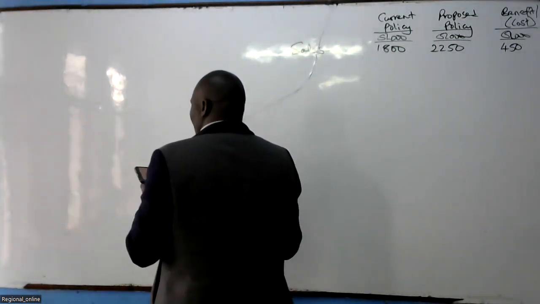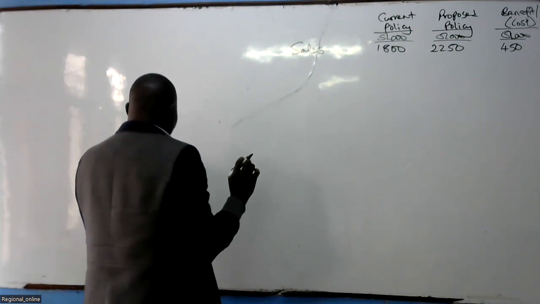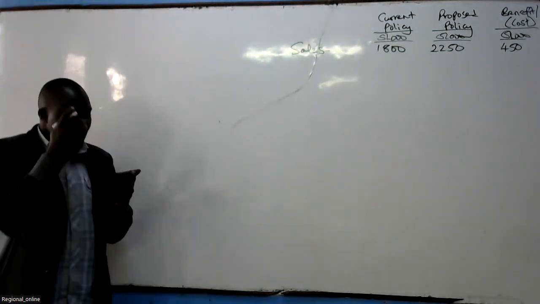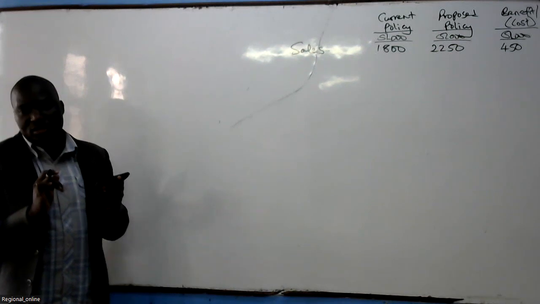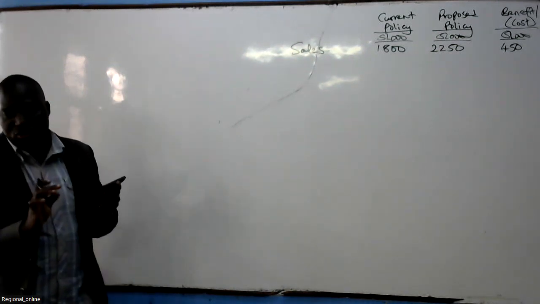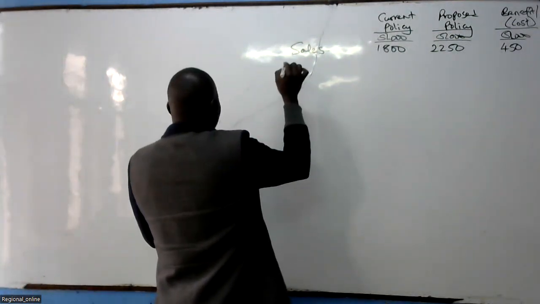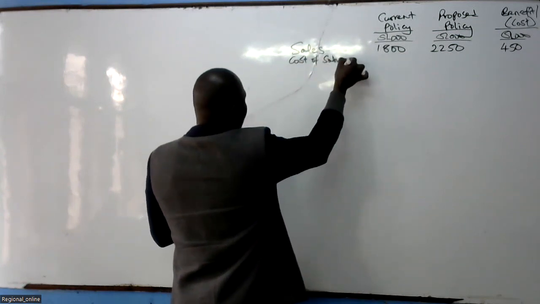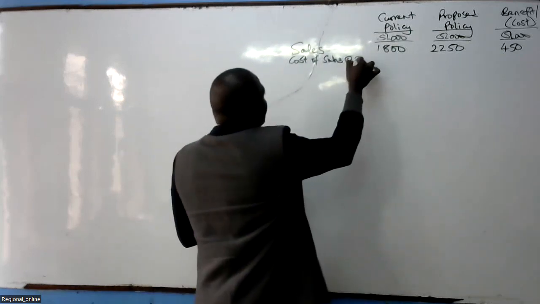Still, we have variable costs. I told you somewhere about the variable cost, about the cost of sales. The cost of sales is 80% still. So forget about your note number 2. We have the total cost of sales, which is 80%.